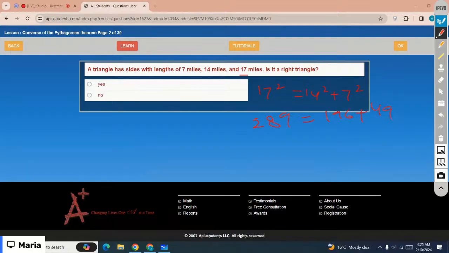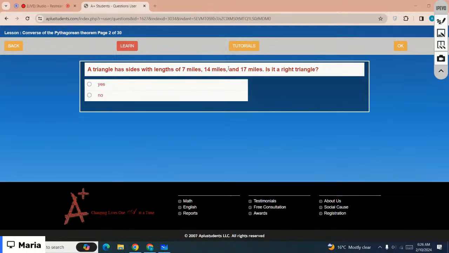They are not equal. 196 plus 49 is 245. So 289 is not equal to 245. That means this isn't a right angle triangle. Got it? The correct option is no.